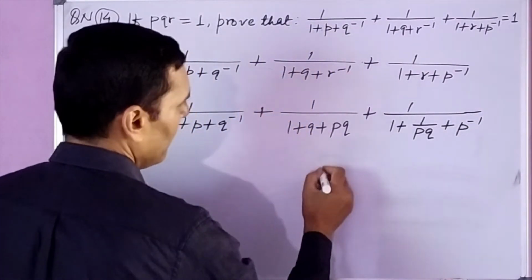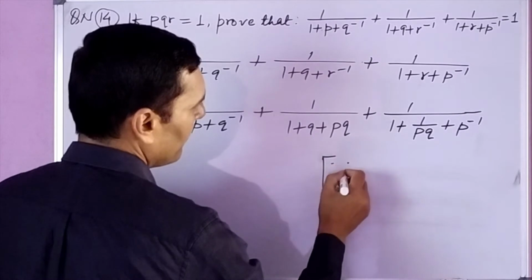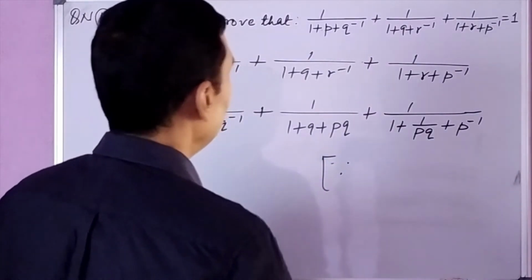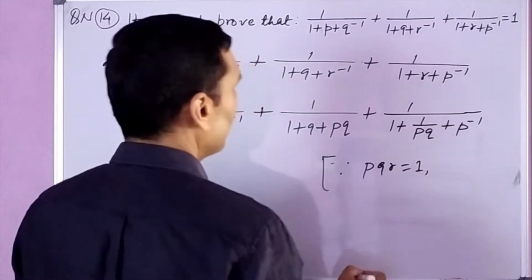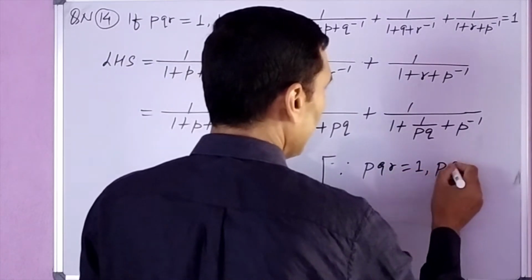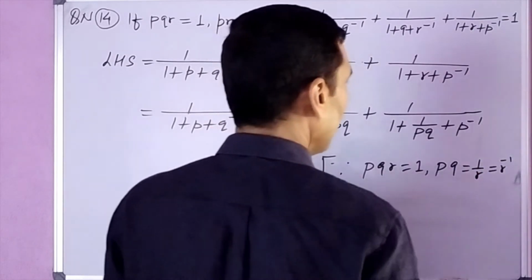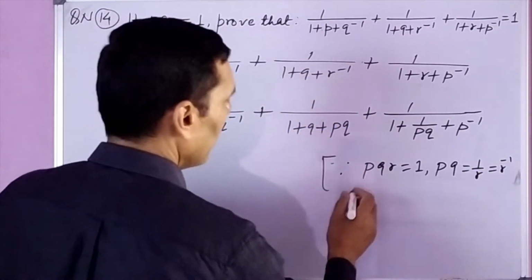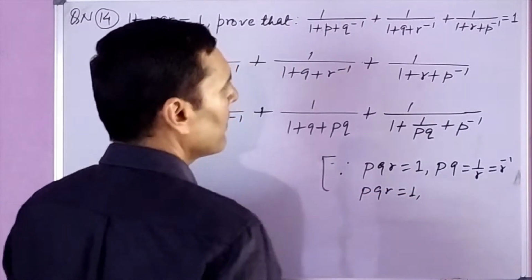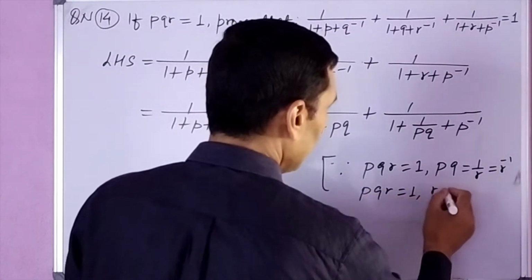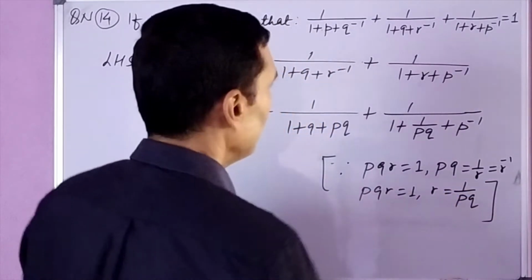So here we have used the given condition PQR is equal to 1. PQ is equal to 1 upon R, that is R to the power minus 1. And another, PQR is equal to 1, so R is equal to 1 upon PQ. So we have used these two results here.